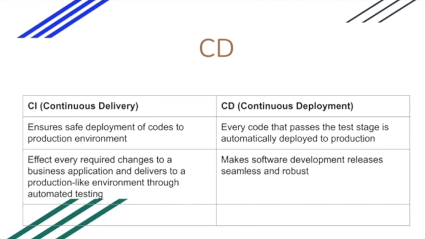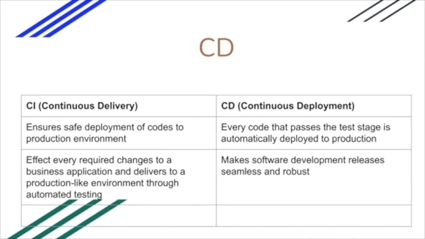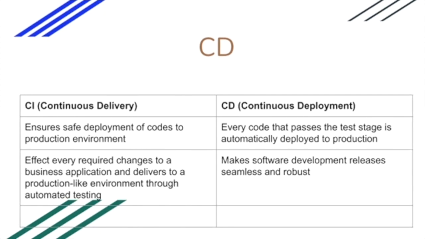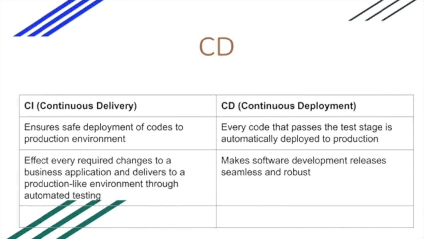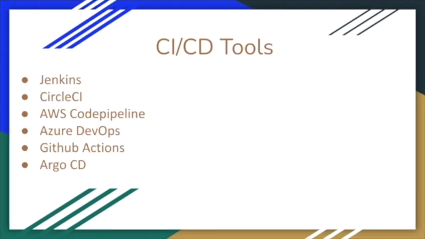So that's just the whole concept. Continuous delivery and continuous deployment work hand in hand. It's just that one has more to do with the client part of it, while the other has more to do with the engineering part of it. So that's just the whole concept. So what are the CI/CD tools?